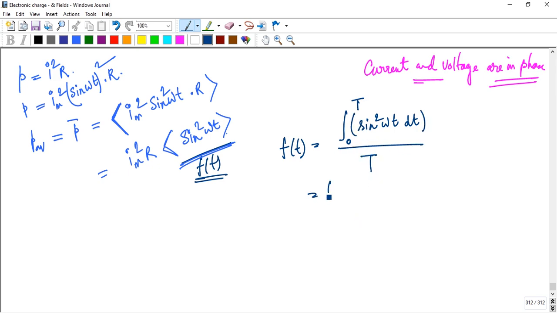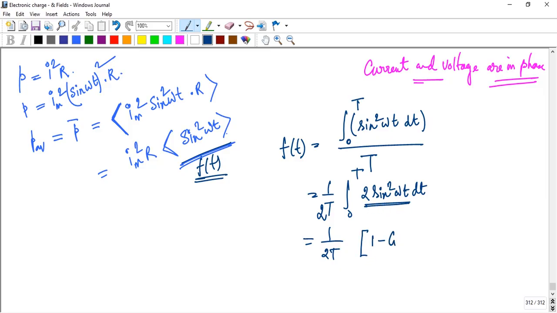So that is 1 by T, multiplied by 2 in numerator and denominator, 1 by 2T, integration 0 to T of 2 sine square omega t dt, and 2 sine square omega t is equal to 1 minus cos twice omega t, dt.